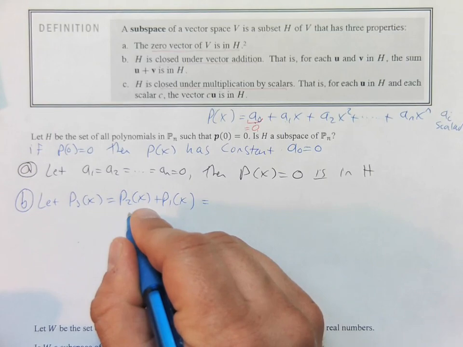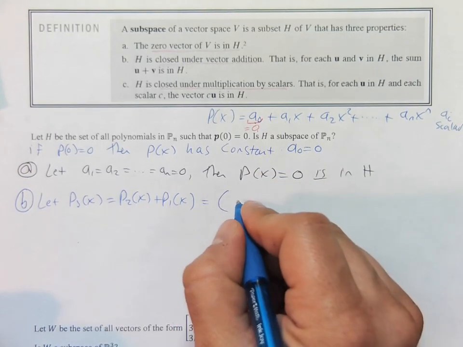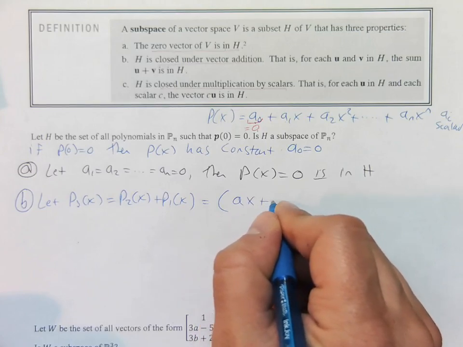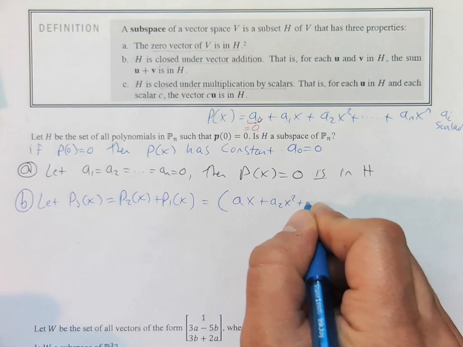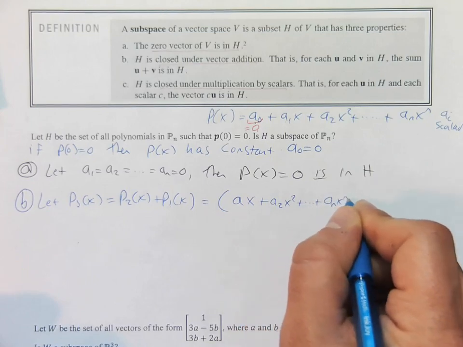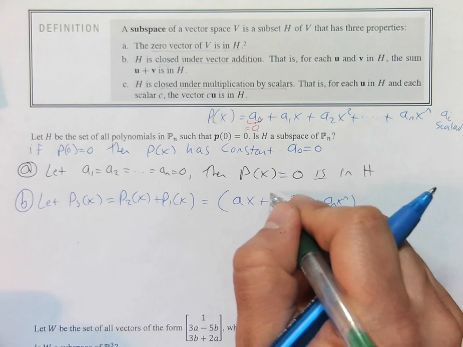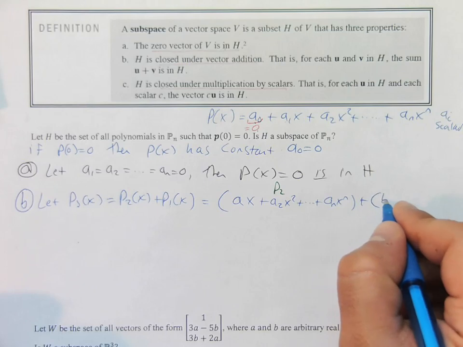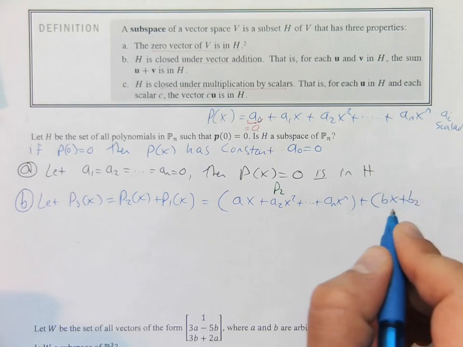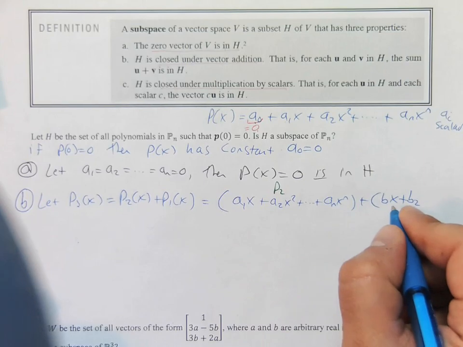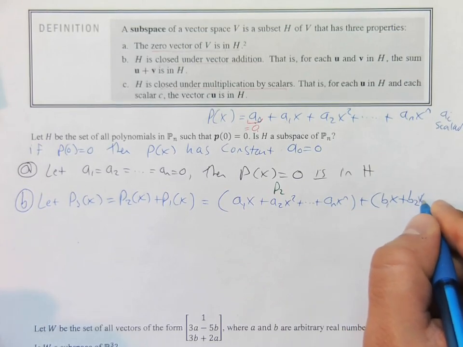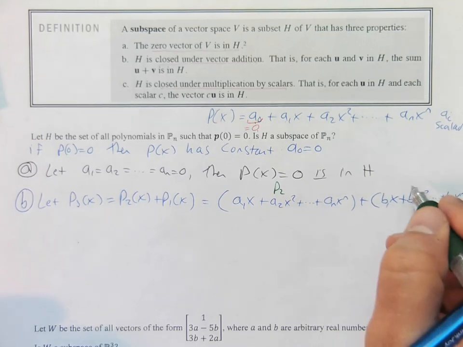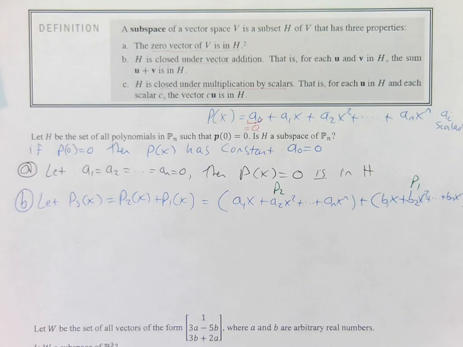So my first vector that I'm going to add together is going to be this one. Okay, so that's my P2. And then I'm going to add to it an arbitrary vector with b's instead. I'm going to put a 1 there. So here I am adding two arbitrary vectors in the space.